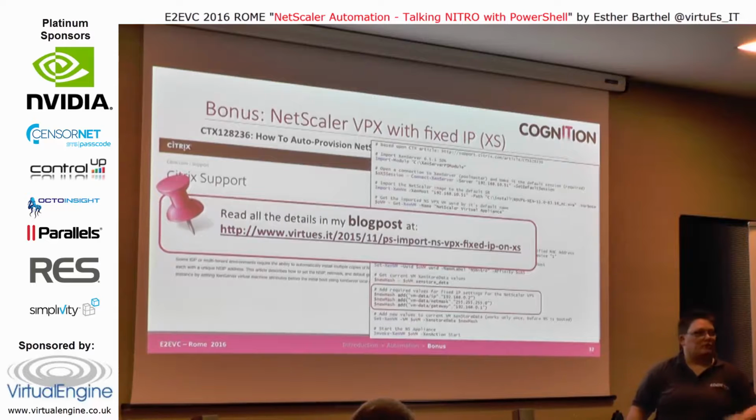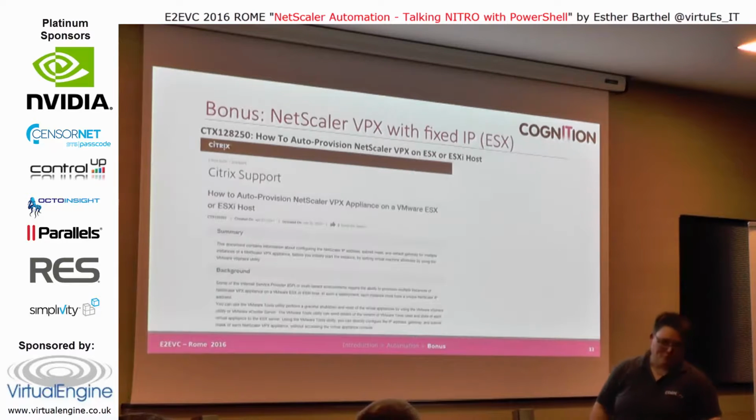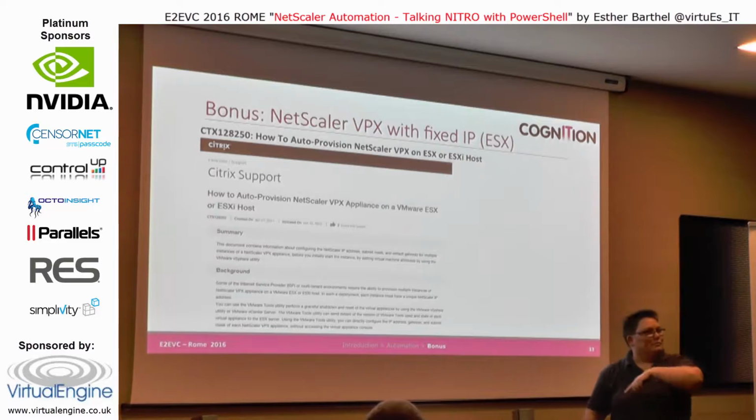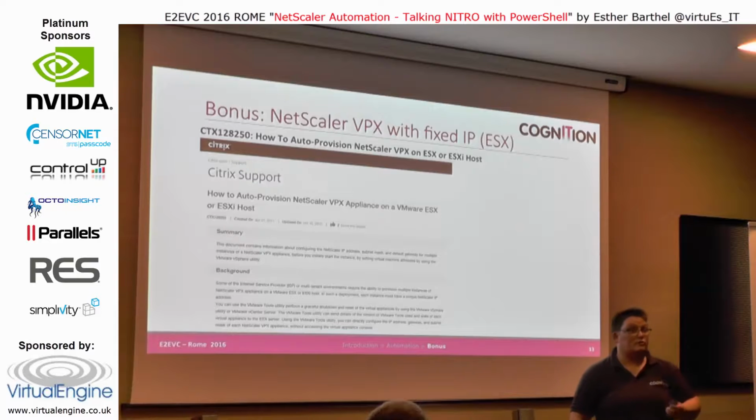But as I mentioned, that's still XenServer, and I realize probably not a lot of production environments run XenServer, even though Citrix gives us different numbers. So I went back to the knowledge base articles and searched for a solution for ESX.